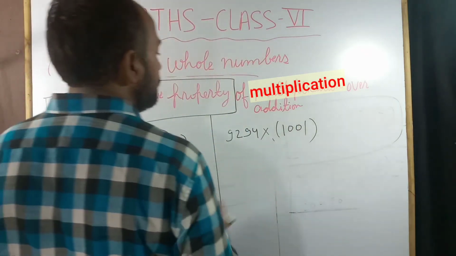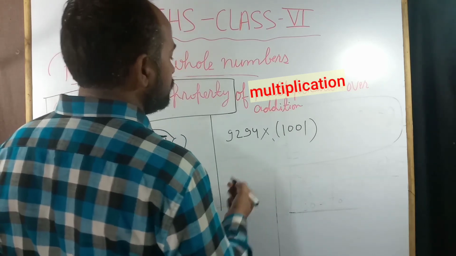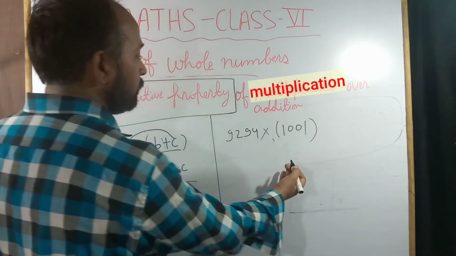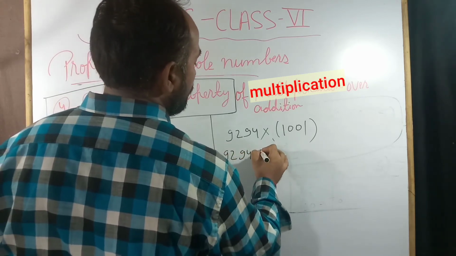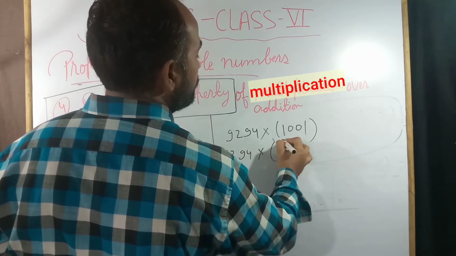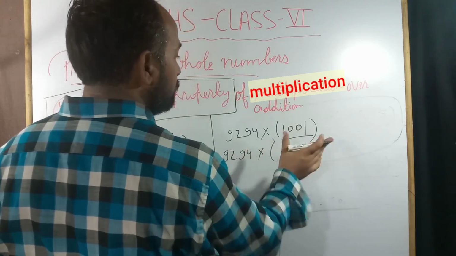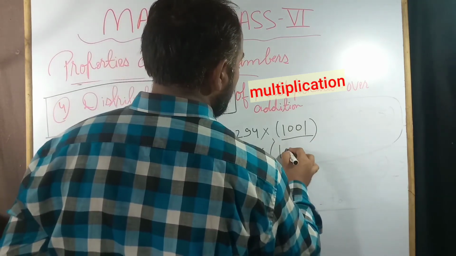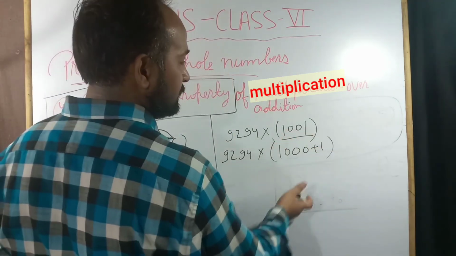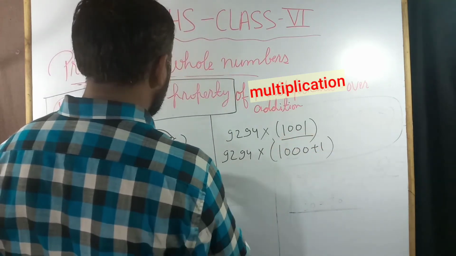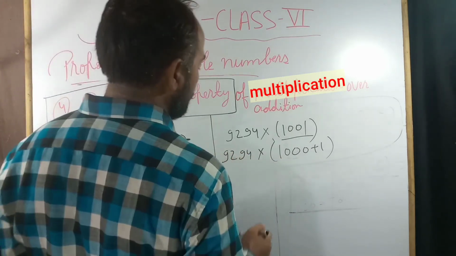If I multiply directly, it will take time. What will I do? I will apply the distributive property. I will split 1001 into two parts, 1000 plus 1. Can I write it like this? After that I will apply the distributive property over here.